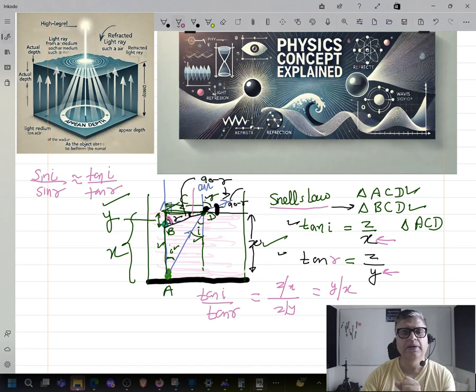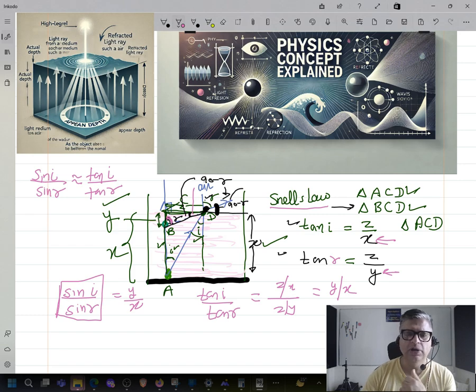If we do this, then tan i by tan r becomes y by x. And what is this, by the way? This is your refractive index of the medium. But this is from denser to rarer, so obviously it will give you 1 upon mu.